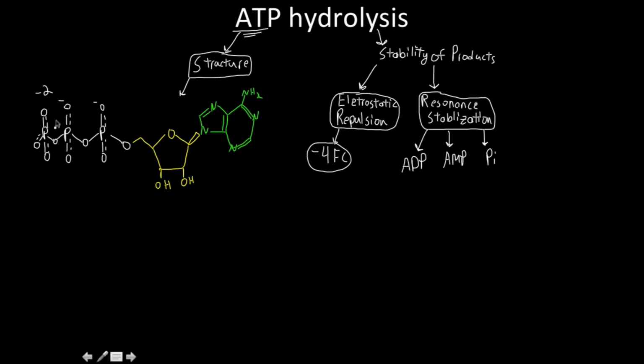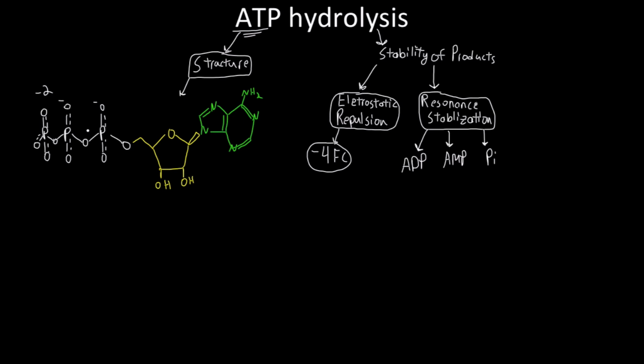Now, with this terminal phosphate group here, it's not so much contributing to the instability as it is the fact that we have these two here that are locked in place. And so there's less room for that negative formal charge to be distributed throughout the hybrid of your molecule, right?